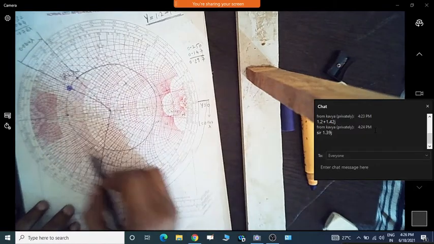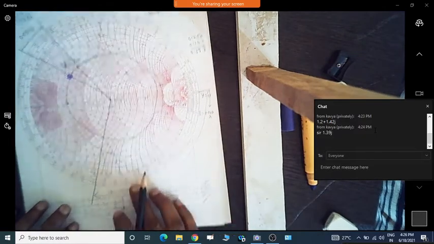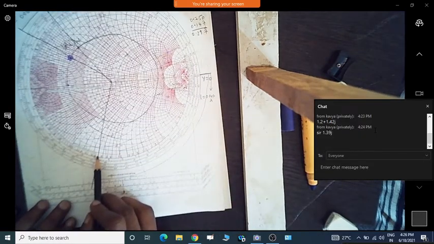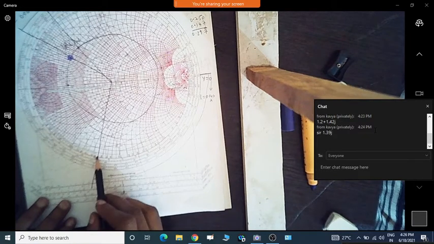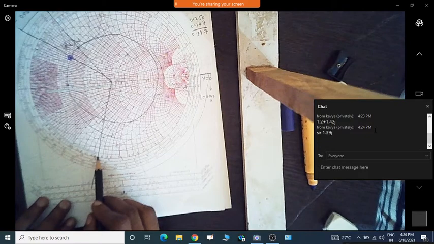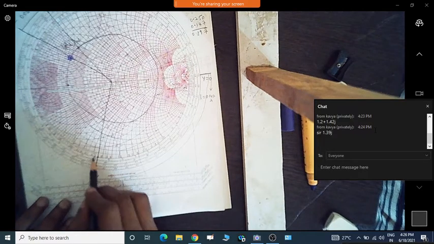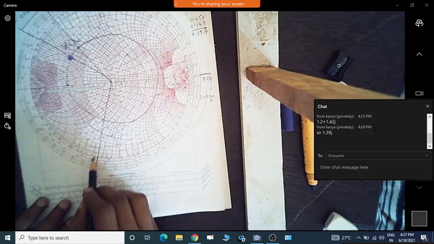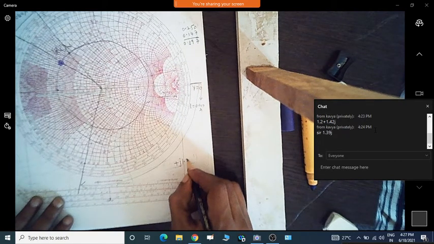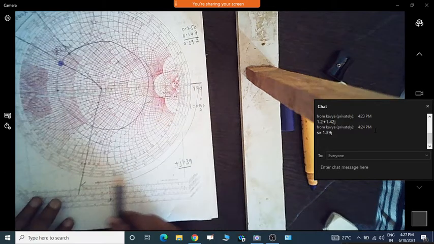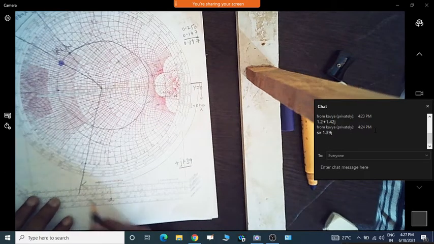Now we should not look at the VSWR circle. We should see where the susceptance point and this straight line get intersected. You can see maybe between 1.2 and 1.3, maybe we will get plus j1.39 or 1.38, whatever it is.